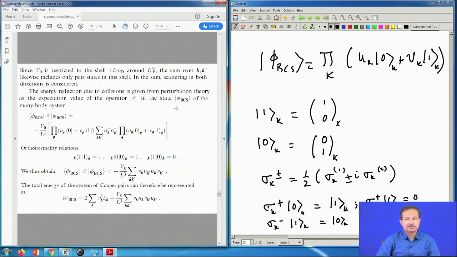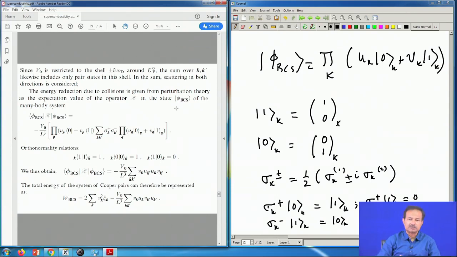Again, remember that this V naught has to be restricted within the shell of h cross omega D, because V naught cannot work all over the band and on all the states below the Fermi level. It only acts in a narrow strip around the Fermi level, and we have to keep that restriction in mind while doing the integration and summations.